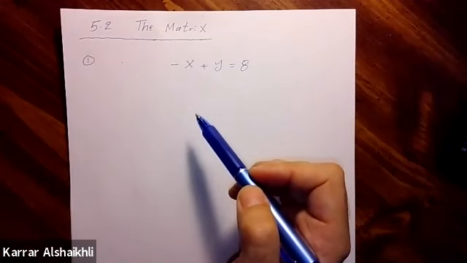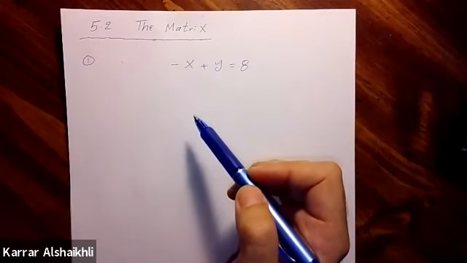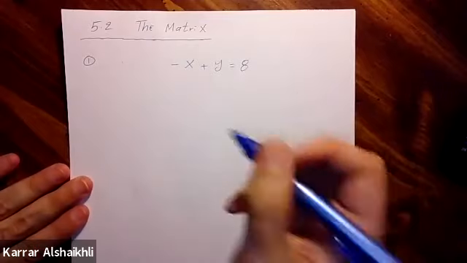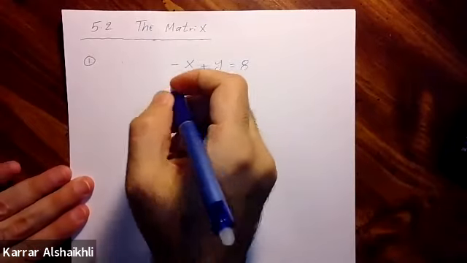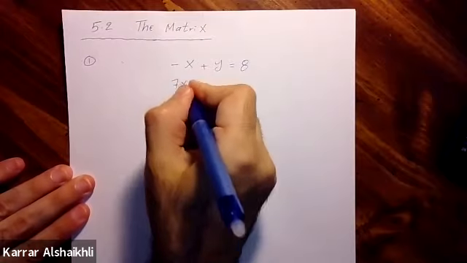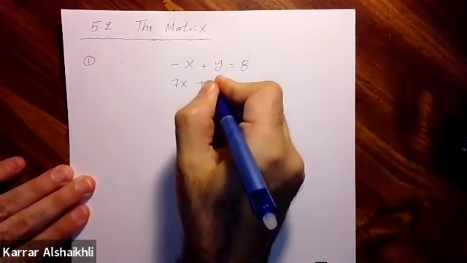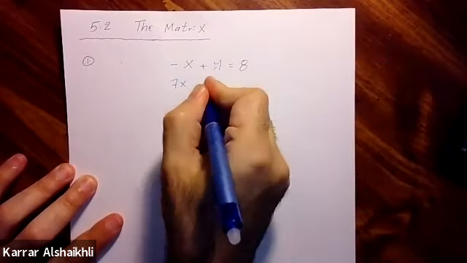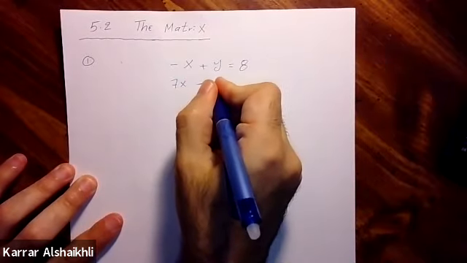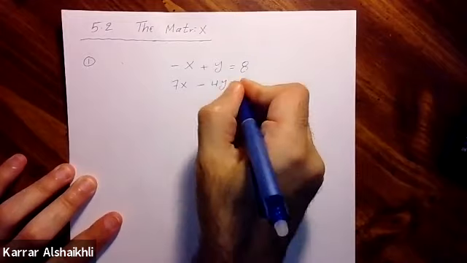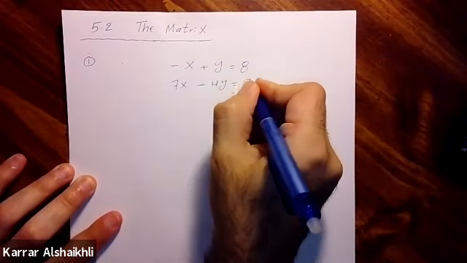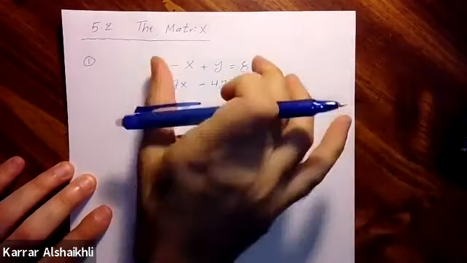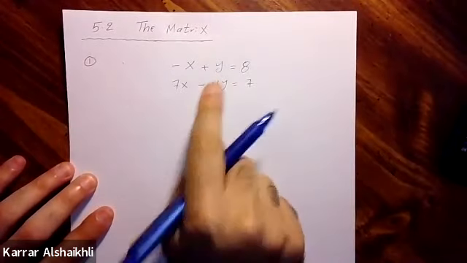So what if we have two linear equations? Here's another one, 7x minus 4y equal 7. Two linear equations with two variables.